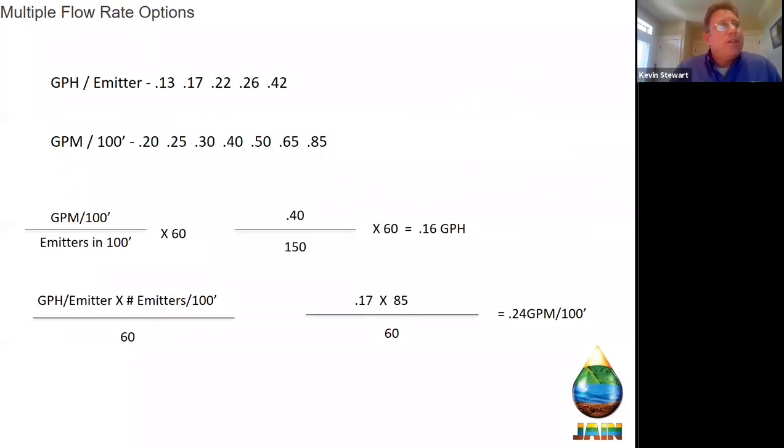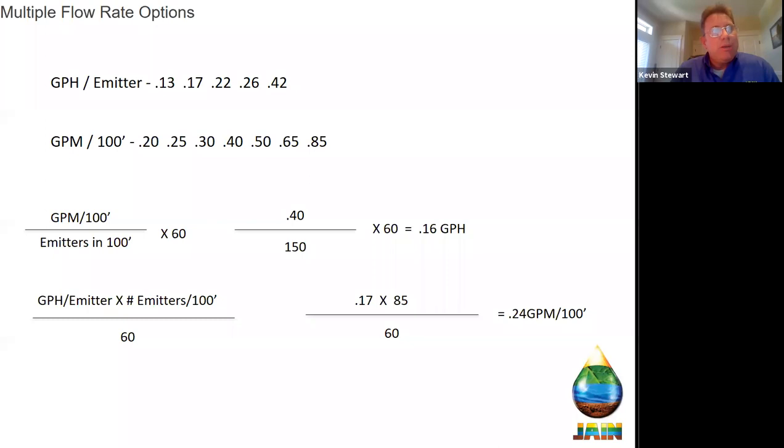I wanted to talk about this because it gets a little confusing sometimes, but you have gallons per hour per emitter, and off to the right I put some in our thin wall emitter line, which is our Cascade, and I think most companies do this. We label things in gallons per hour per emitter, and then we just vary the emitter spacing.